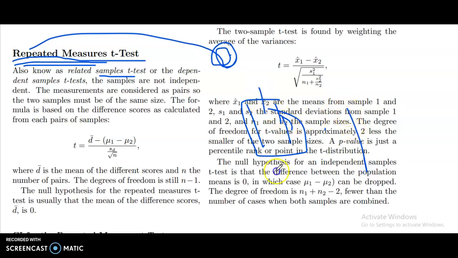Same size. Okay. The formula is based on the difference scores calculated from each pair of samples.